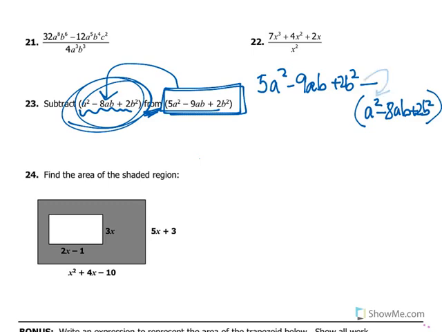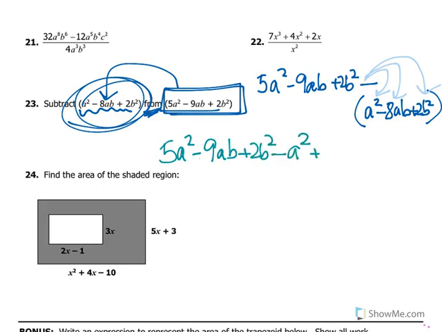So doing it here, the negative goes to a squared, the negative goes to negative 8ab, and the negative goes to 2b squared. So I'm going to rewrite that as 5a squared minus 9ab plus 2b squared minus a squared plus 8ab minus 2b squared.